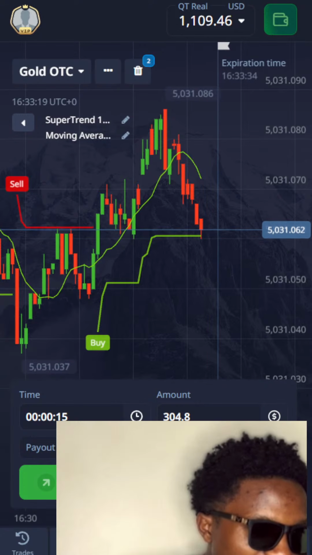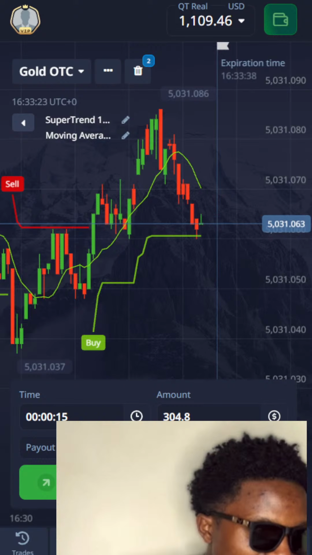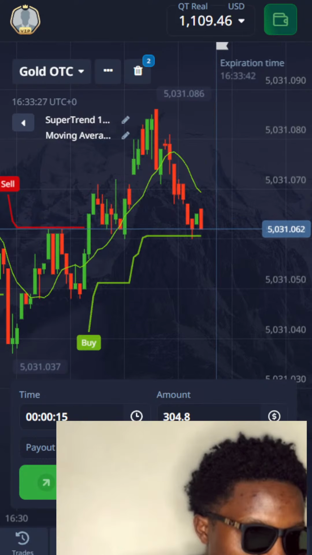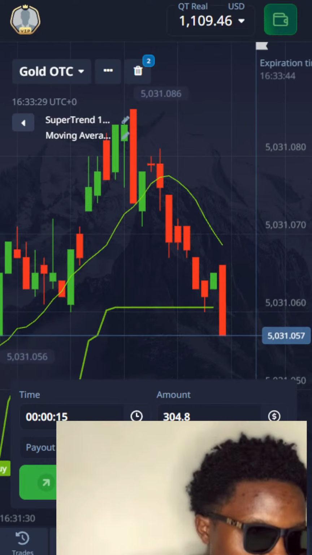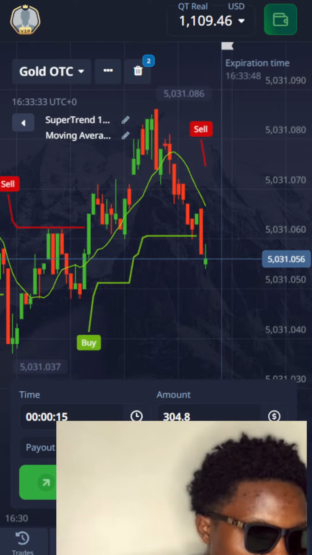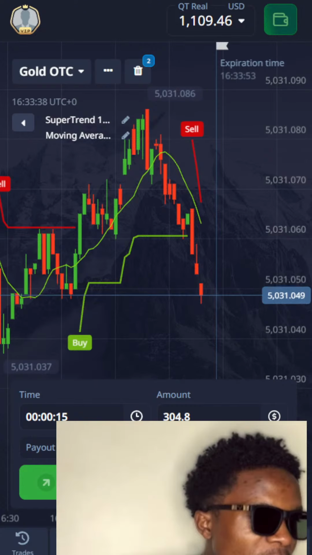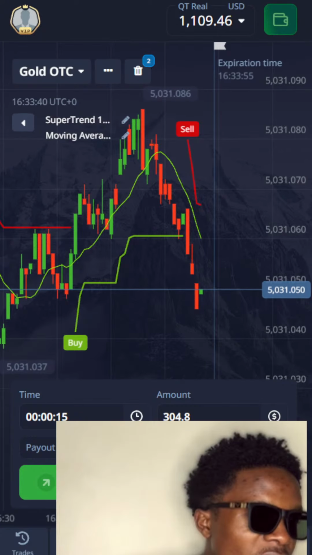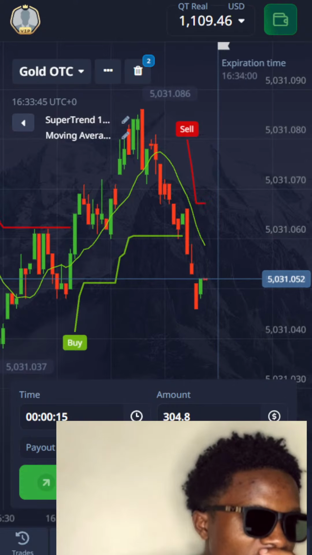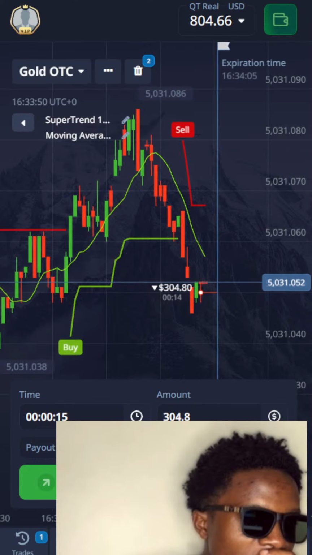But yes, we have broken this structure here, so this means we might be going down. We might have to wait for the market to break here before we do anything. We have broken like three structures so far, so I'll take that sell from any retest that comes around. Let me take it from there.